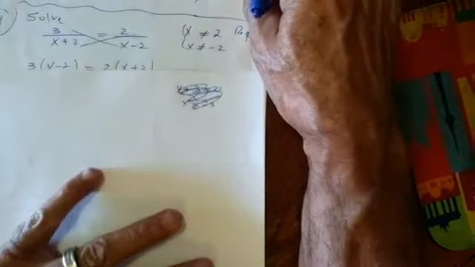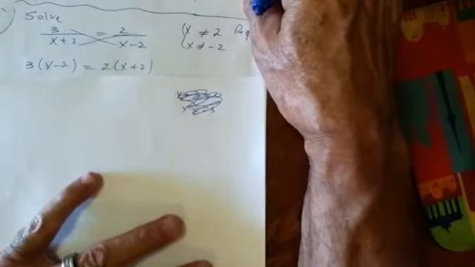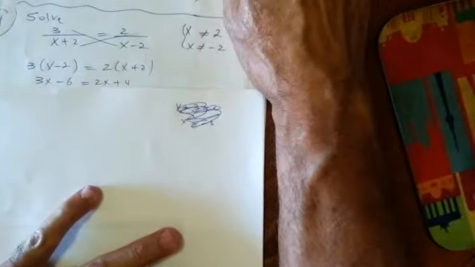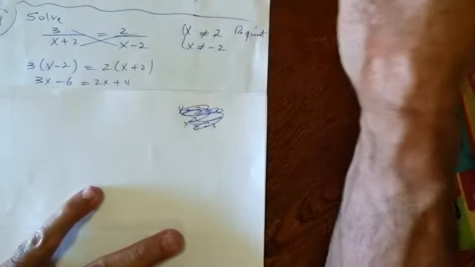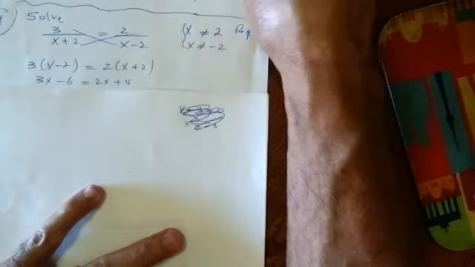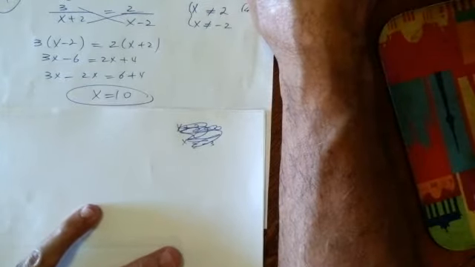So I cross multiply here. Three times x minus 2 is 2 times x plus 2. Then I distribute. It's 3x minus 6 is 2x plus 4. And then I subtract, and I come up with the answer, 10.